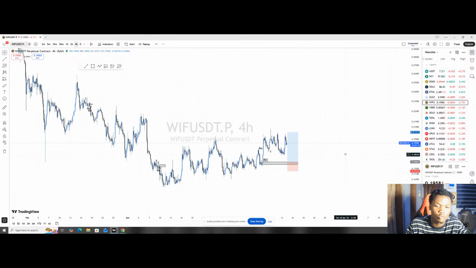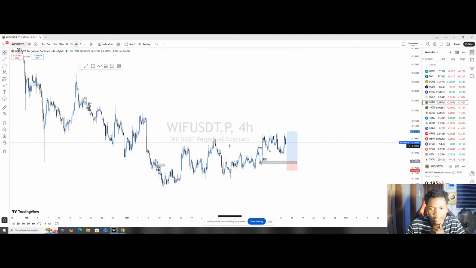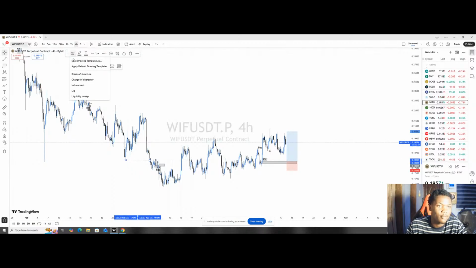Okay, so looking at the 4 hour time frame, we are seeing that market is bearish. So we have our break of structure here, and then we have our resistance level here also.